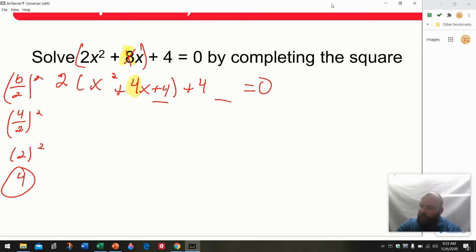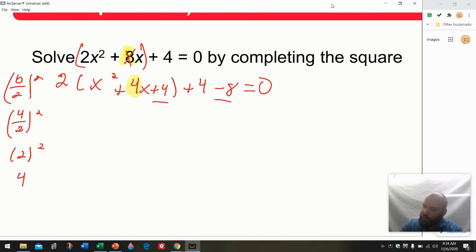Therefore, where I put this 4 right here, this was a plus 4. This has to be a minus 8. And again, why is that a minus 8? It's a minus 8 because 2 times 4 is 8. So this number has to be the opposite of what that number is that you factored out times the number that you added on the inside.